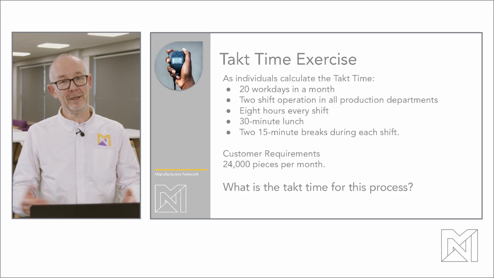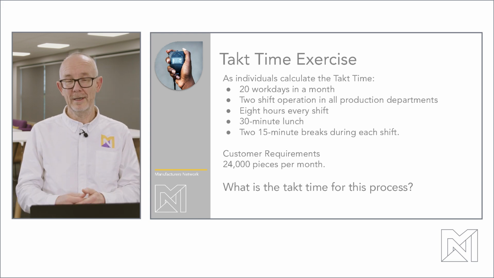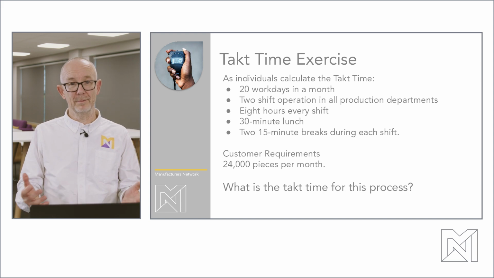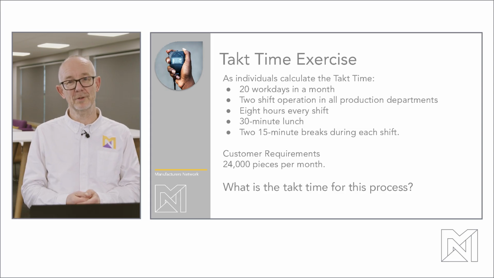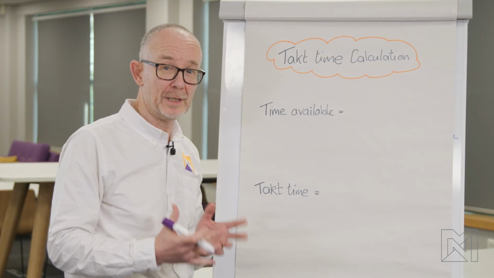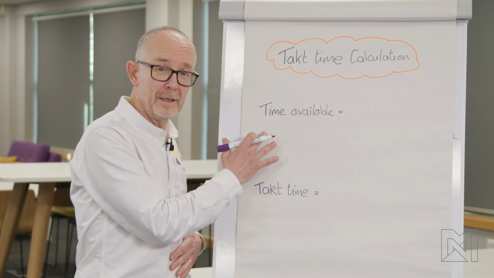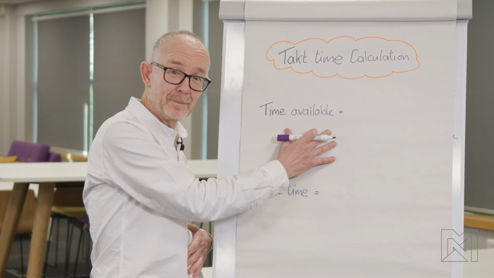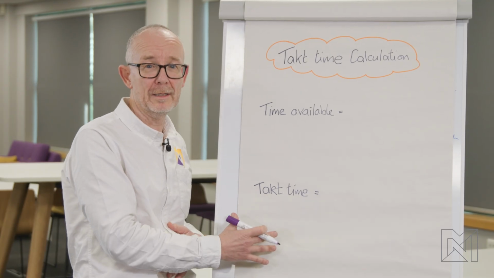And so we can now calculate our total available time over a month and divide that by the number of pieces required in that month, which in this case is 24,000. So here's the calculation for this particular takt time example. We're going to calculate the time available and then divide that time by the average demand to calculate the takt time.